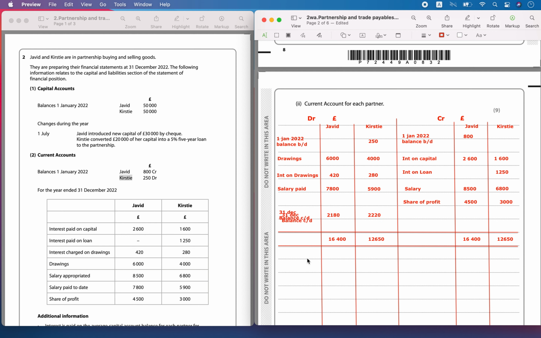This will be the same as the balance brought down on 1st Jan 2023, so the balances brought down for both of them will be 2,180 and 2,220.